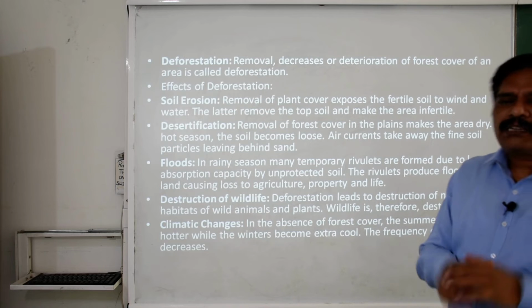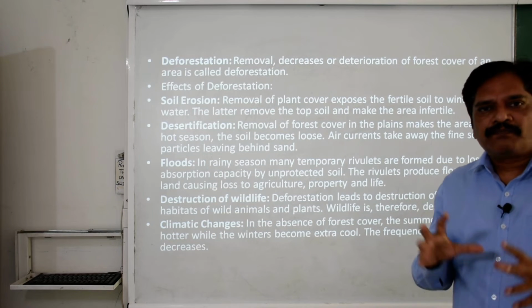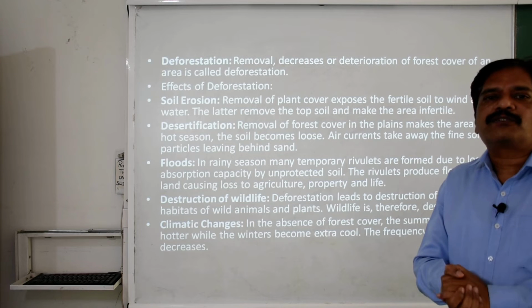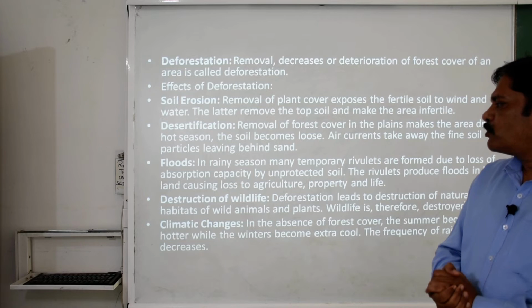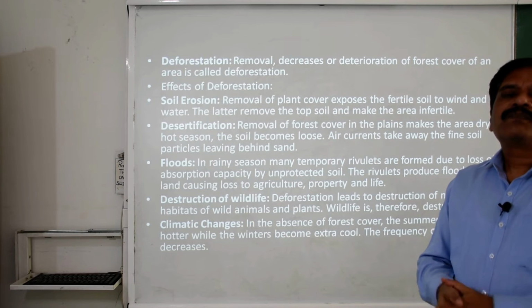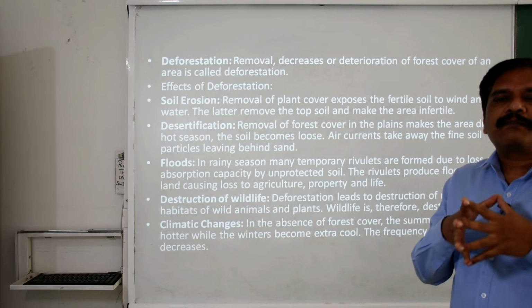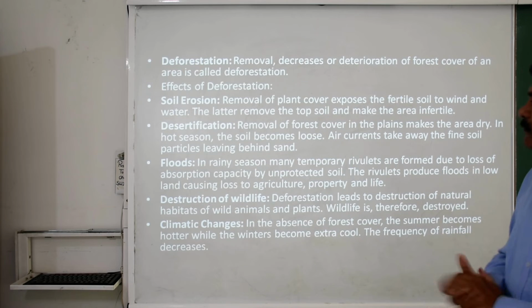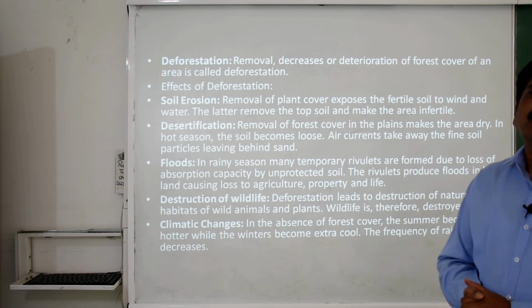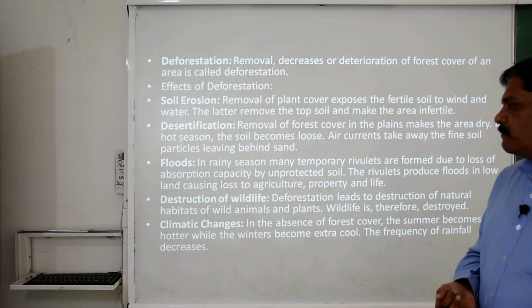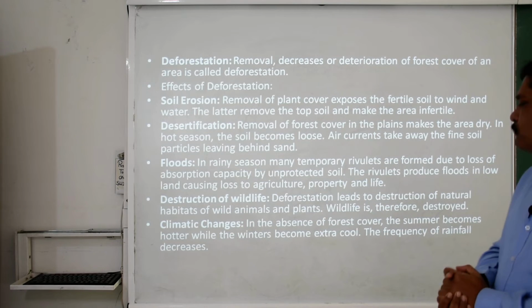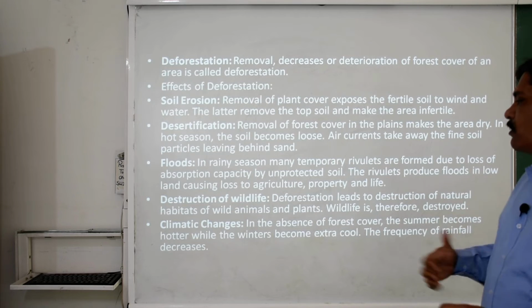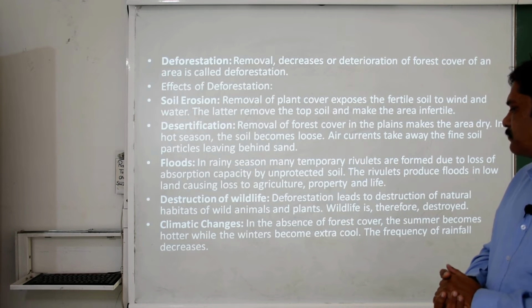And the floods: floods are actually controlled by the soil which is gripped and held by the roots. Similarly, the destruction of wildlife: forests provide a better habitat for the survival of animals, and if the forest is not there, the habitat will be fully destroyed. And climatic changes also: if the forest cover is absent, summers become hotter and winters extra cool.